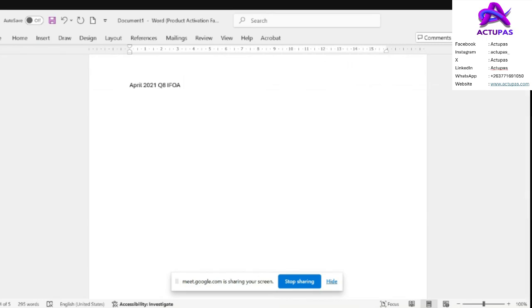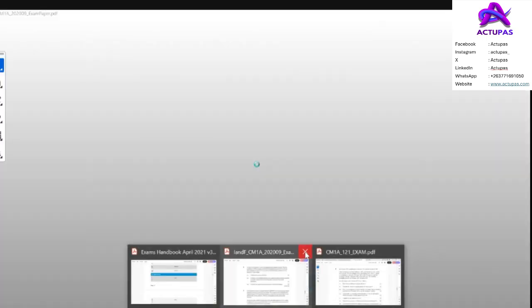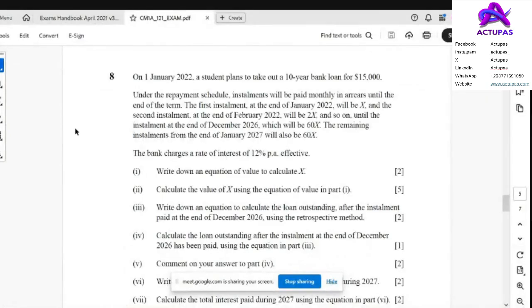So our question reads, on 1 January 2022, a student plans to take out a 10-year bank loan for 15,000. Under the repayment schedule, installments will be paid monthly in arrears until the end of the term.